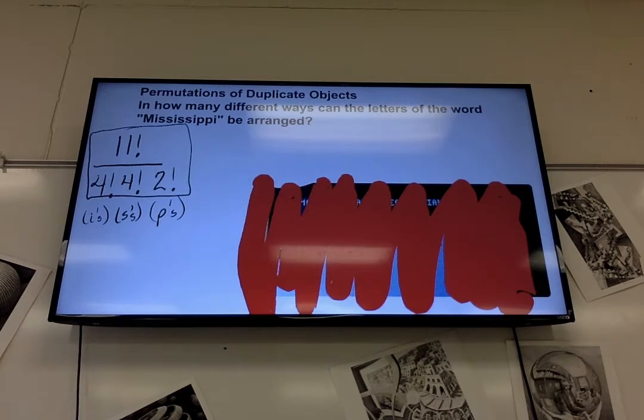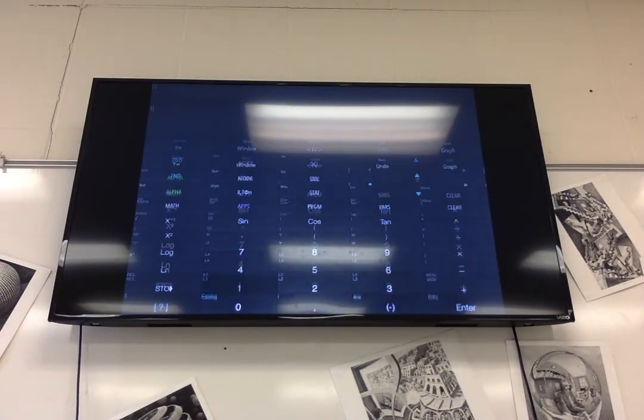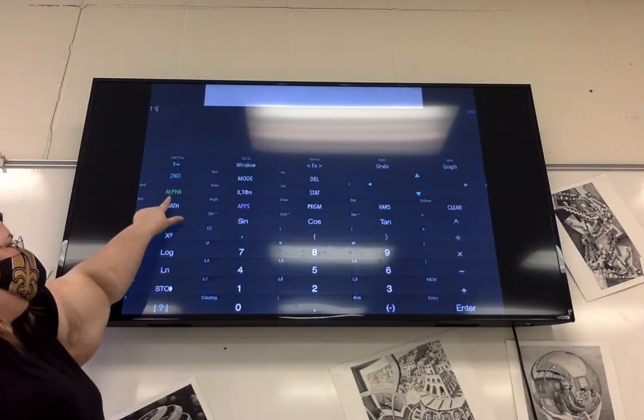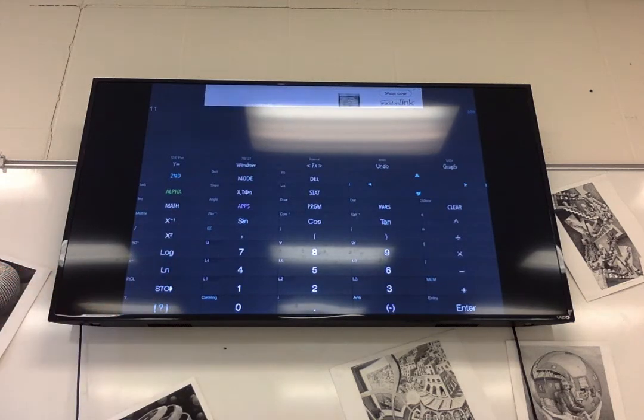All right. So we've got our calculator. You can type in 11. Show you where that's at. So 11. And then there's a math button on the left-hand side of the screen, under the green alpha button, it says Math. Click that button.